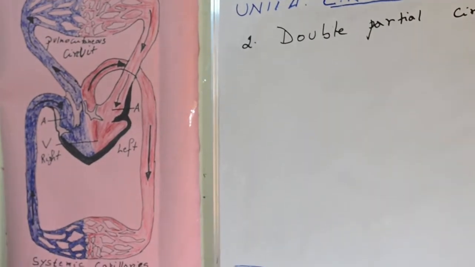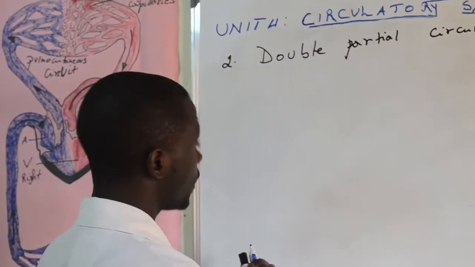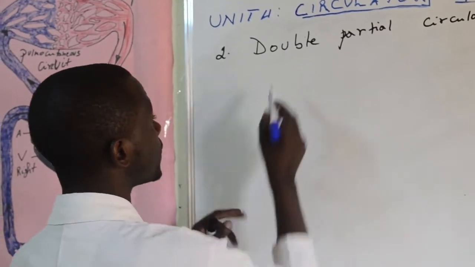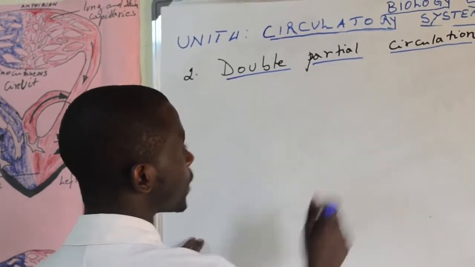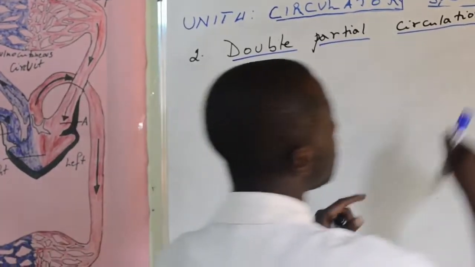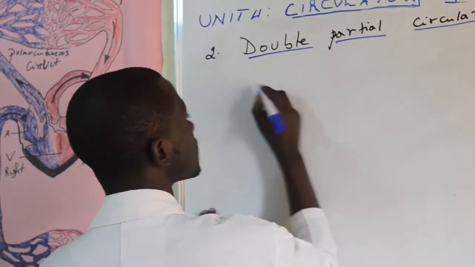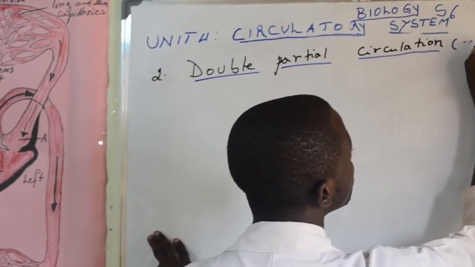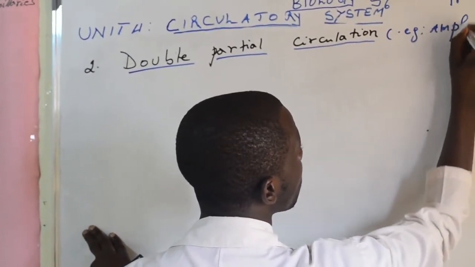The double partial circulation is another type of closed circulation and is very common to the amphibians.